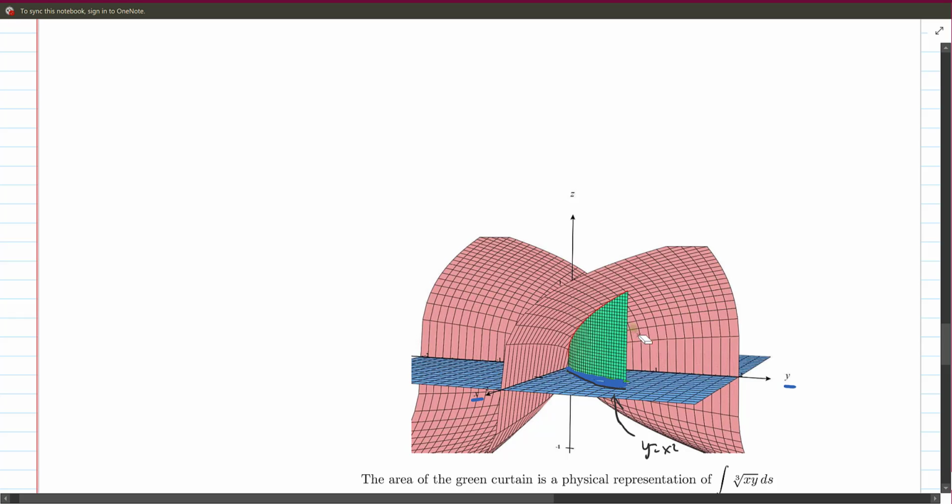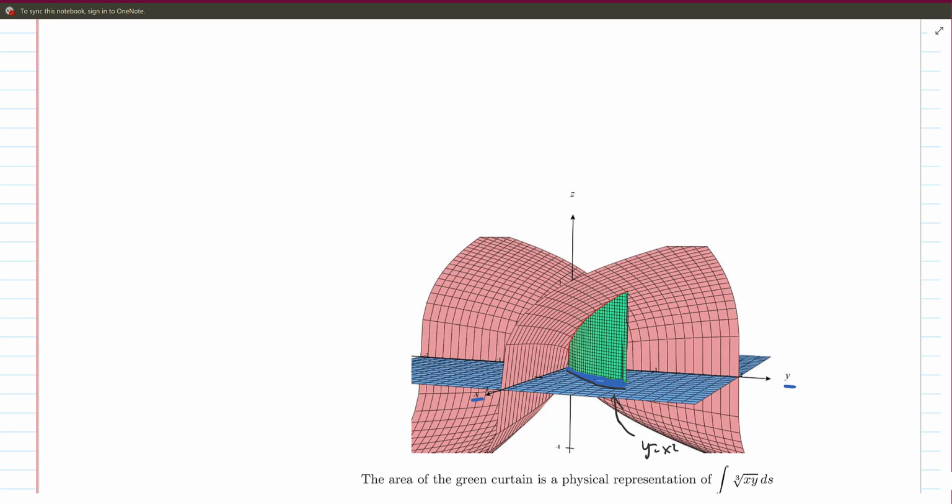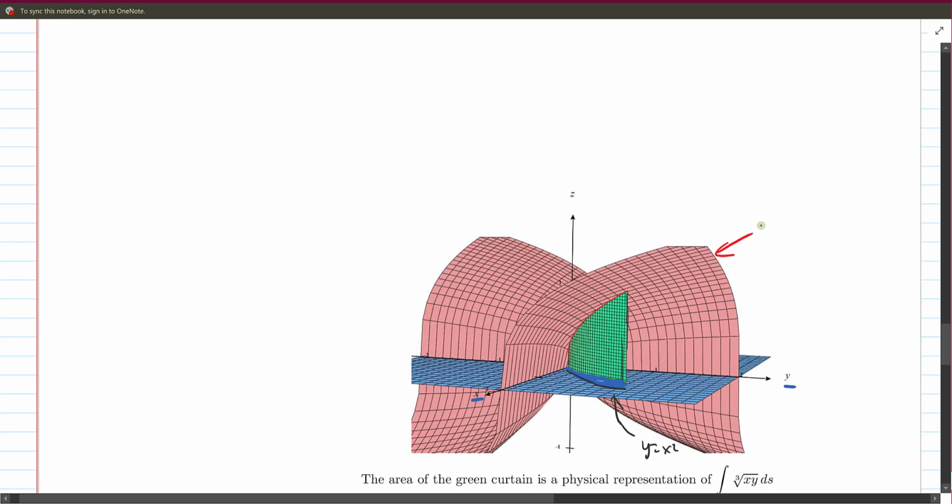And so what we're looking at computing here is the area of this green curtain, which is formed between the function, which I've sketched in red here. This is our function f of xy, the cube root of xy.